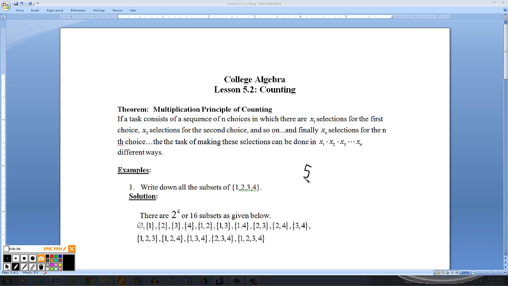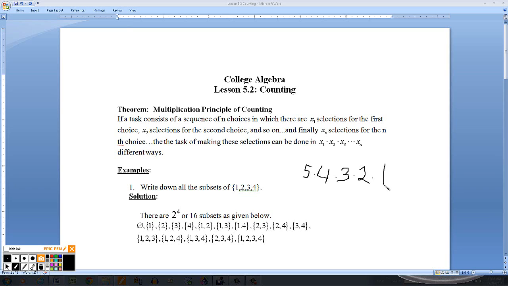So it'd be 5 choices for that one. But once you've made that selection, then there's only 4 persons left to fill the next one. So you can select any one of the 4. And then after that, you've only got 3 left, so you got 3 selections for the next one. And then the next one you got 2. And then finally, you just have 1.